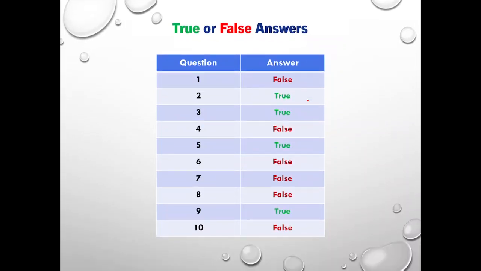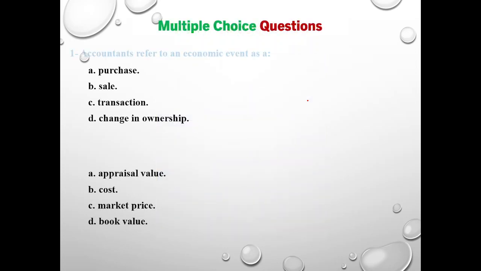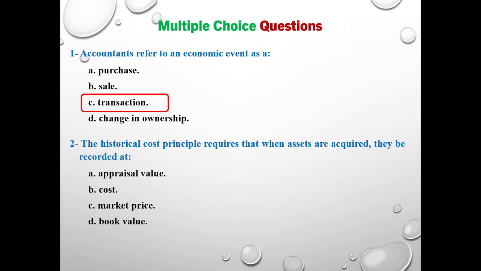Now let's have a look at some multiple choice questions. Number 1. Accountants refer to an economic event as... economic events in financial accounting we call transactions. Number 2.